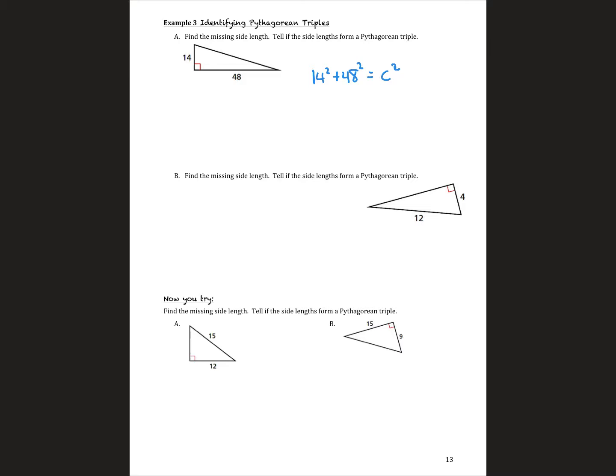So 14 squared plus 48 squared equals c squared. So that's 2500 equals c squared. And the square root of that is 50. So all of these are whole numbers. So yes, this is a Pythagorean triple.